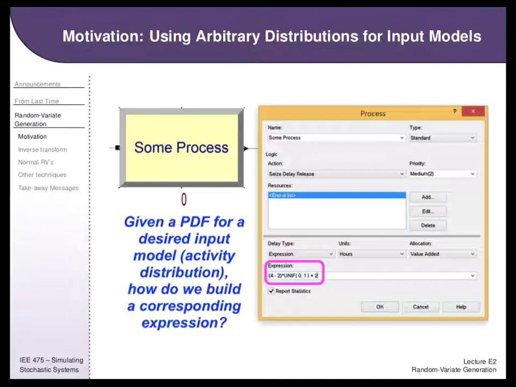It's just the upper bound minus the lower bound times a uniformly distributed random number between 0 and 1, plus 2. So that gives us the idea that there should be a way for us to generate these transformations from a uniformly distributed random number between 0 and 1 and any other distribution we want. And that's what we're working on today.